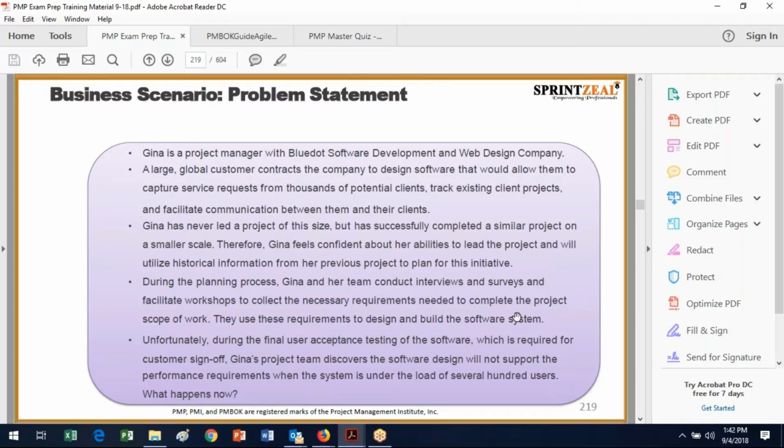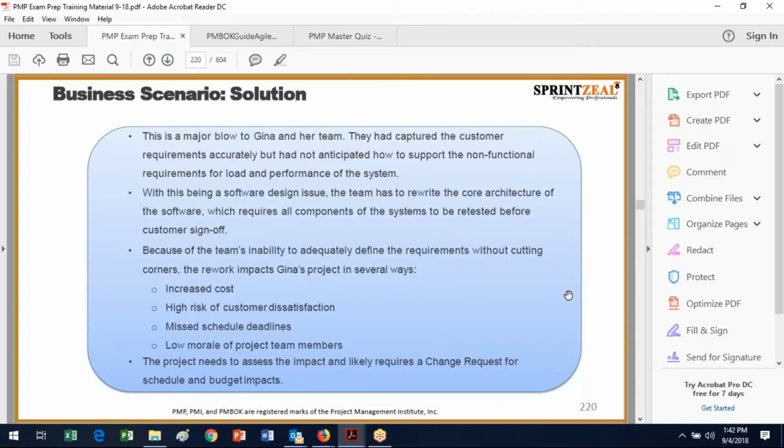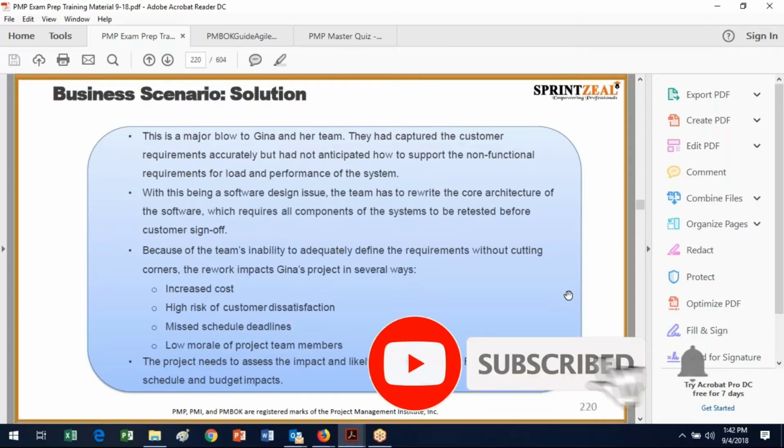Well, I know this probably doesn't fit with PMI, but I would be writing up, I would want to know exactly what is the impact. It doesn't support the performance requirements. I'd want to know what's required to get it in conformance so that it does support the performance requirements.